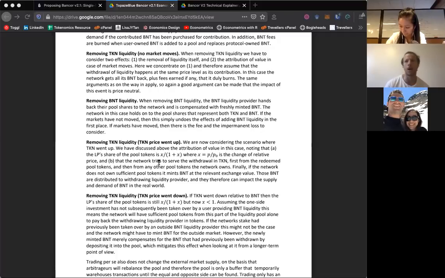When an LP, whether it's a TKN LP or a BNT LP, withdraws their liquidity and has suffered impermanent loss, the protocol pays out based on the amount of impermanent loss they have suffered. So the idea is that BNT is being burned as the protocol is generating fees off of its co-investments, and it is being minted to pay out.